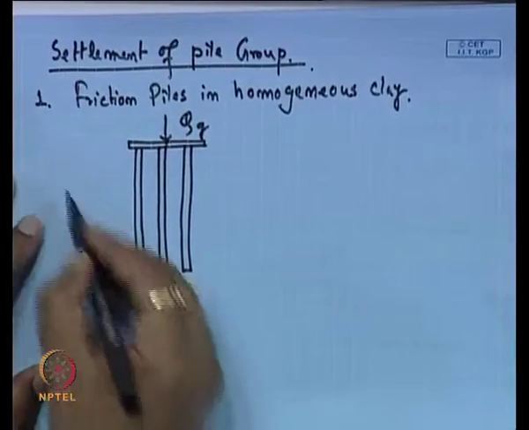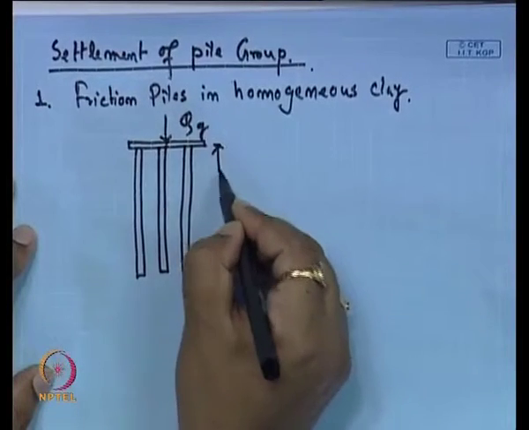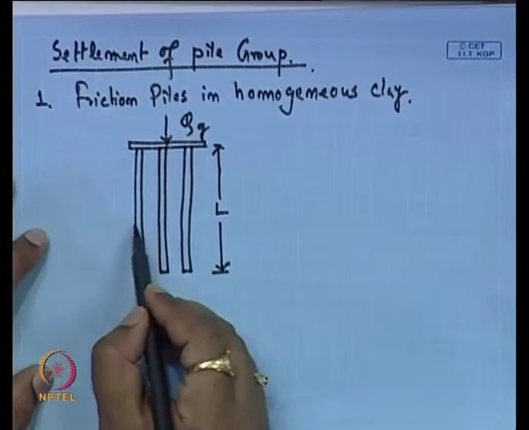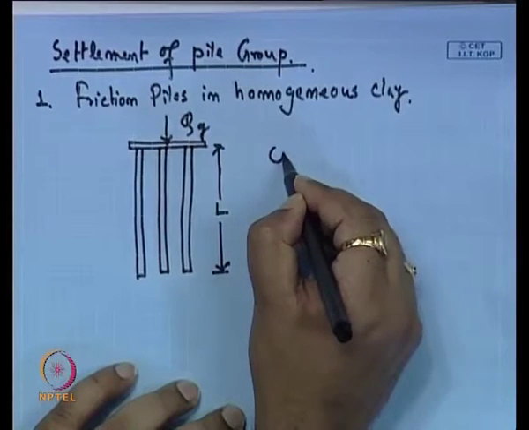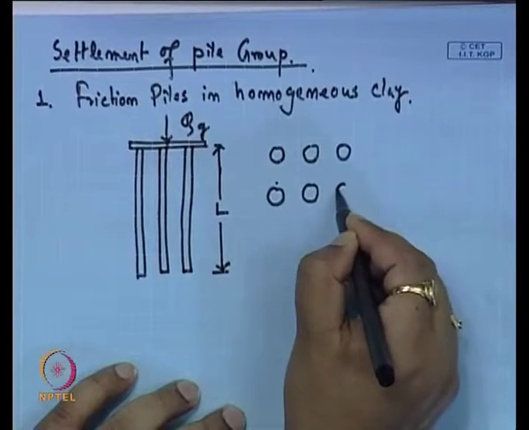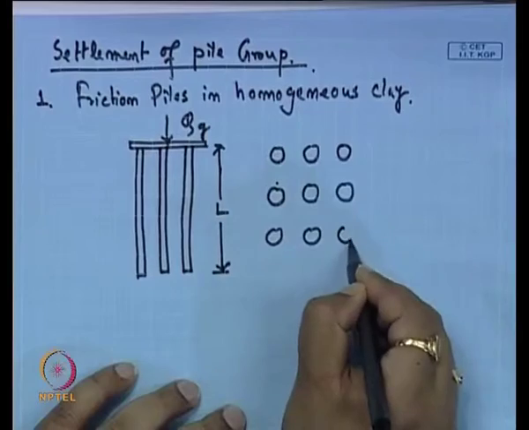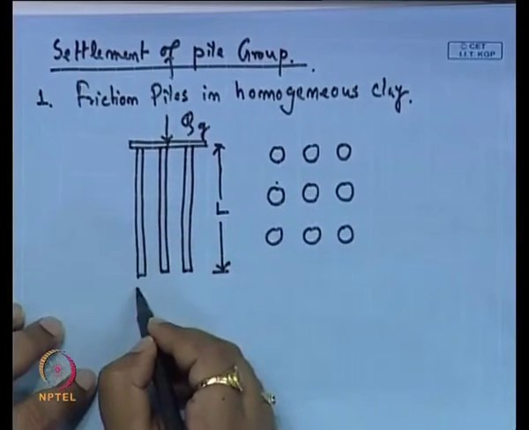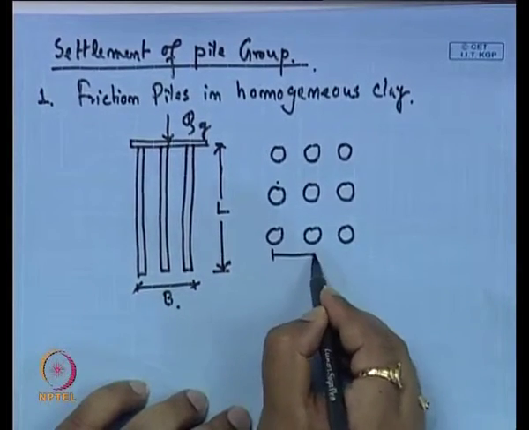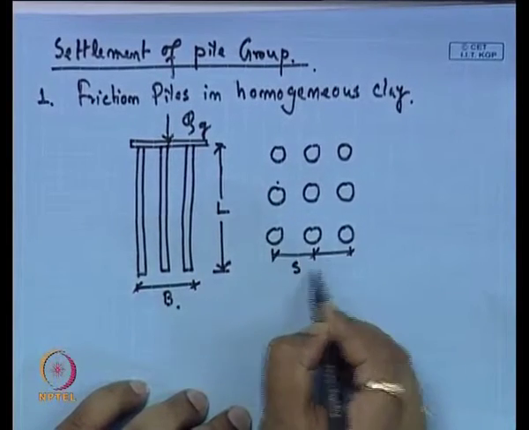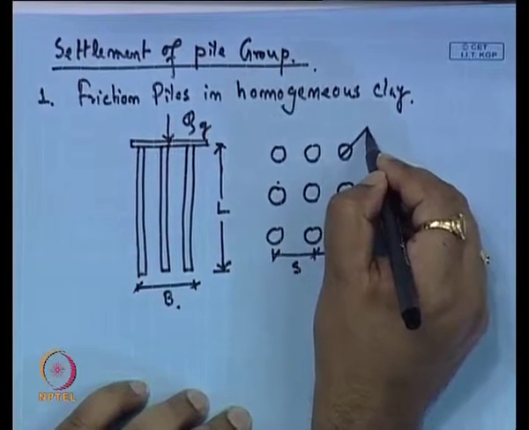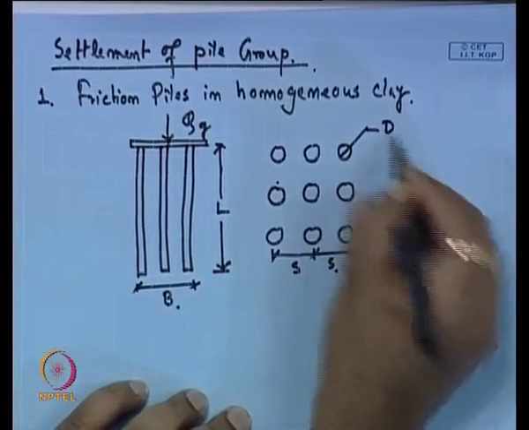Now this arrangement is, say, a 3 by 3 pile group arrangement, and this one is B. Here the center to center spacing between the piles is S, and this is the diameter of the pile.